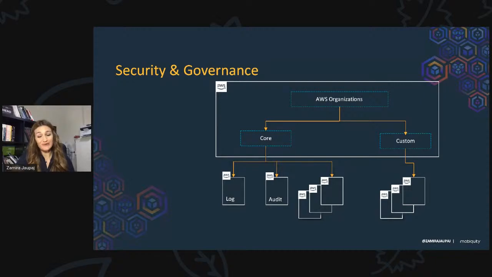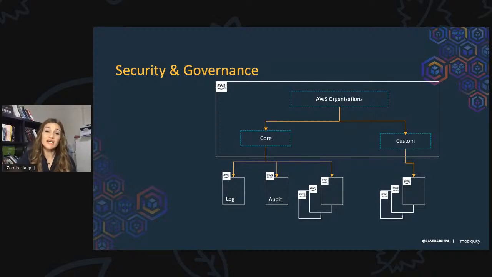We are an AWS partner, and we also have customers. Customer one has probably 10 accounts, customer 2 has 15 accounts, customer 3 has hundreds of accounts, and we have a lot of customers.